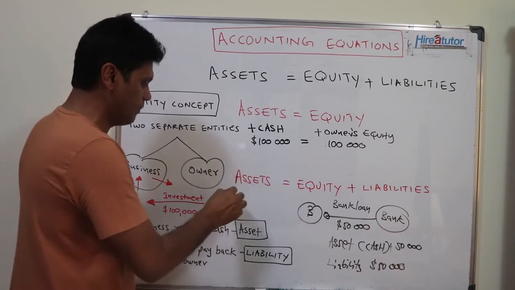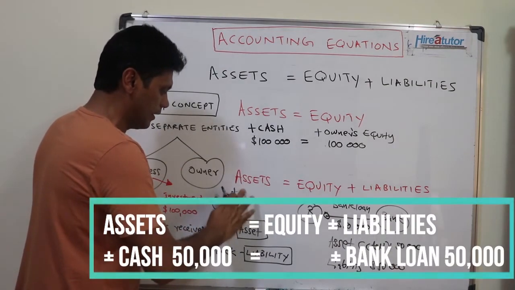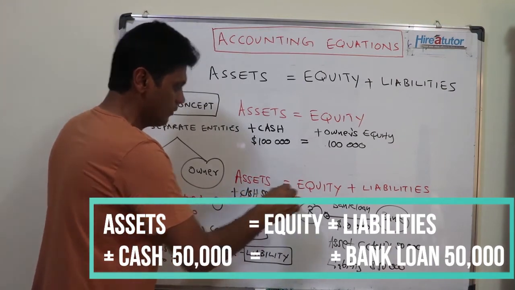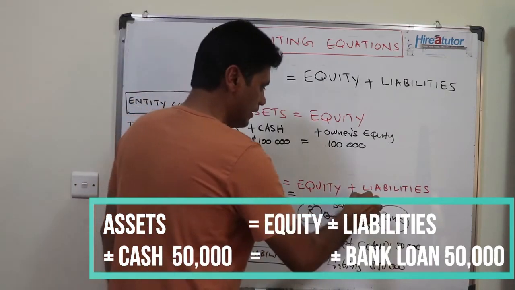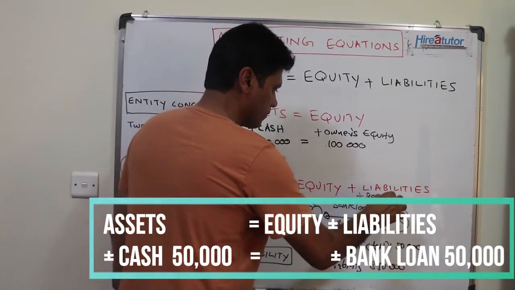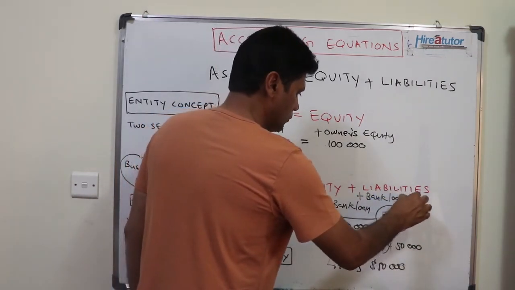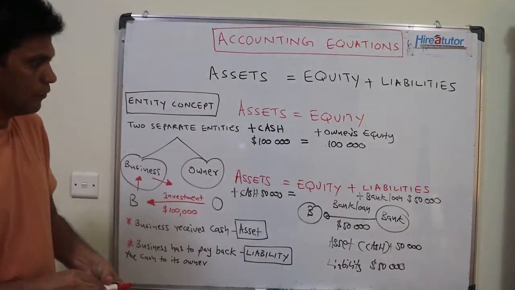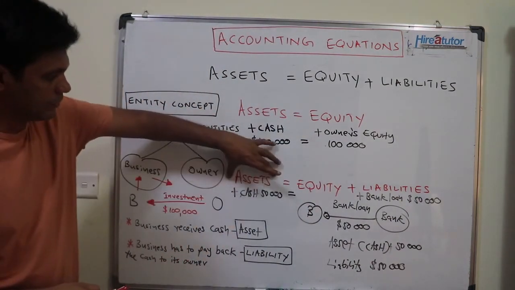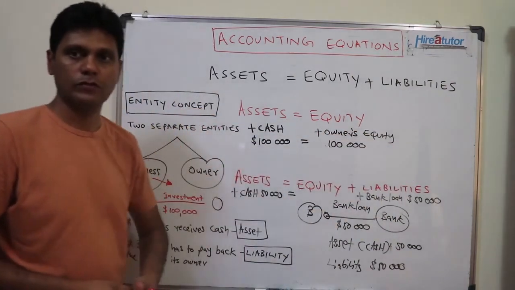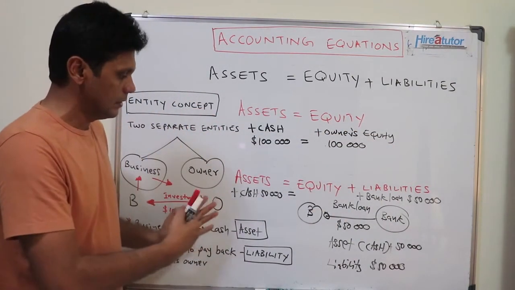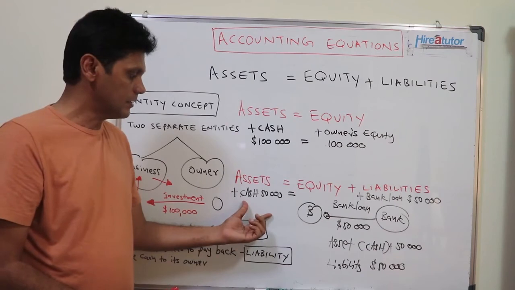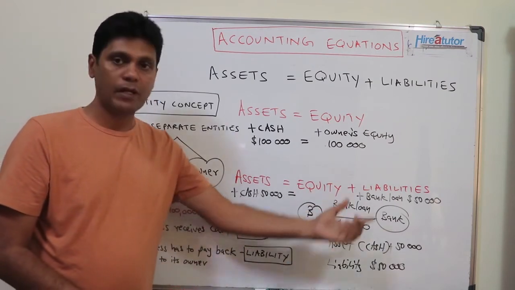The business cash balance will increase by 50,000, which is equal to the liability, the bank loan, which will also increase by 50,000. So you can see assets 50,000 and liability 50,000, which is balancing. At any given time your assets will be equal to equity plus liabilities.